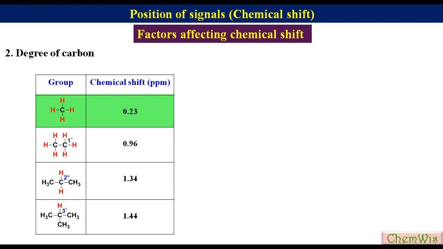Ethane with primary carbon has chemical shift of 0.96 ppm. Propane has chemical shift of 1.3 ppm for the CH2 protons which are attached to the secondary carbon, and in isobutane the proton is attached to the tertiary carbon that has chemical shift of 1.4 ppm.